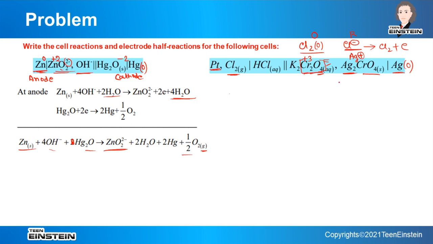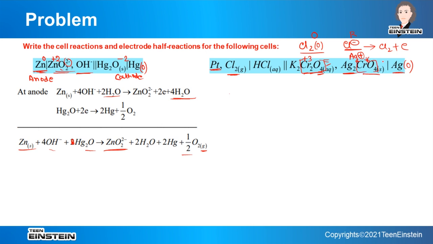And similarly, if we see on the right hand side, here we have the anion CrO4 2 minus. Okay, in this case the oxidation state is basically, sorry, it is +6. Okay, but why is it +6?